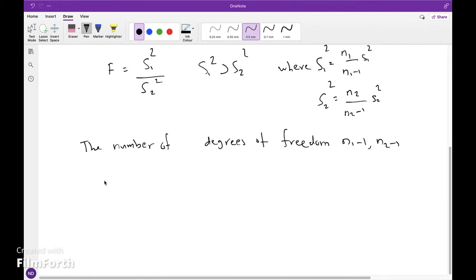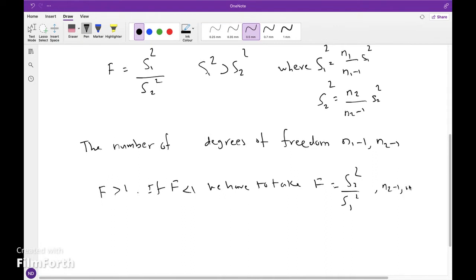In defining F, it should be noted that F is greater than 1. If F is less than 1, we have to take F is equal to S2 squared by S1 squared, and degrees of freedom N2 minus 1, N1 minus 1.